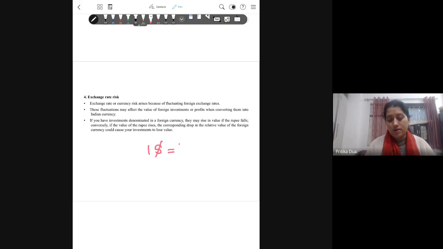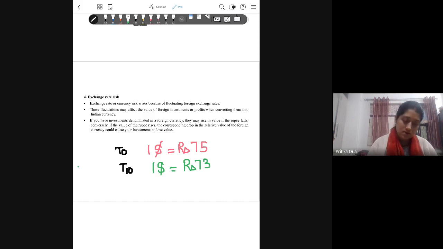So $1 is equal to rupees 75. So what I know is today if I have to buy dollar, then I will have to pay rupees 75. This is time 0. Say after 10 days, this value becomes $1 is equal to 73 rupees, or the other case can be $1 is equal to 76 rupees.